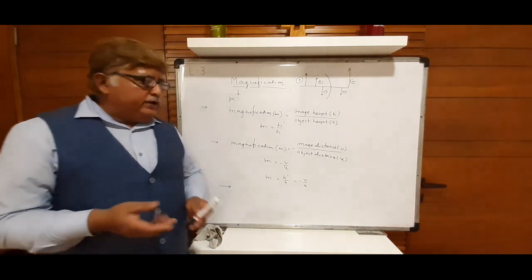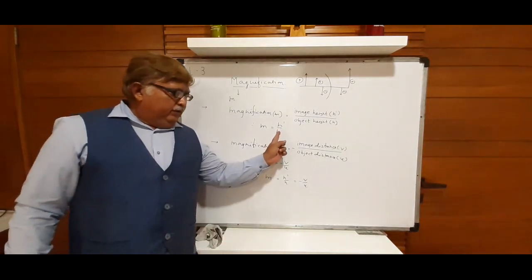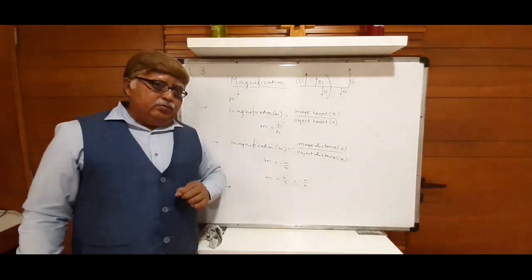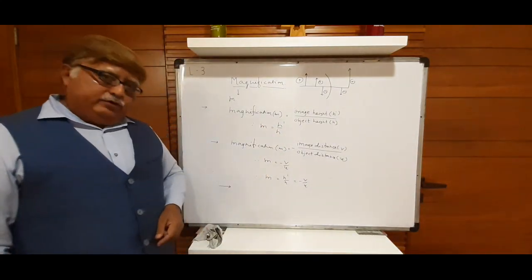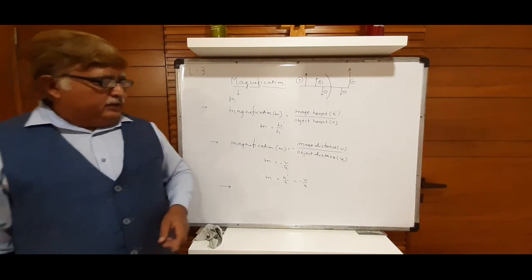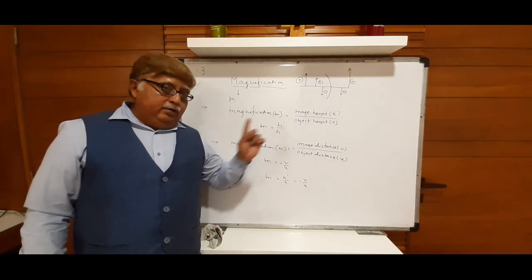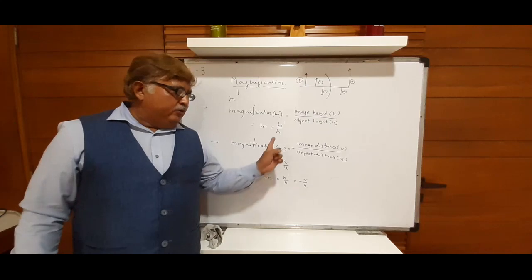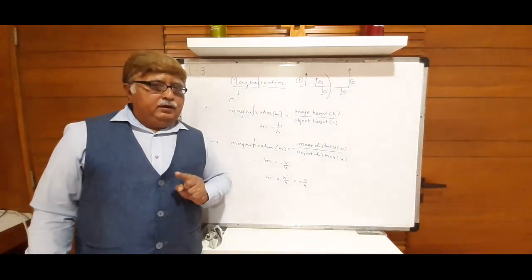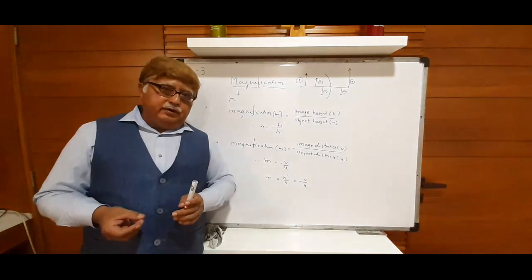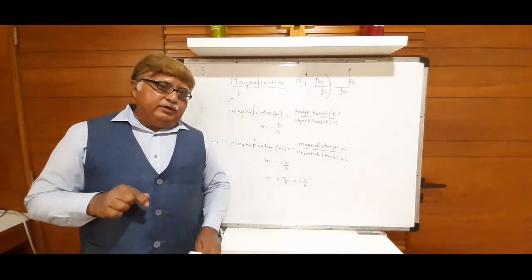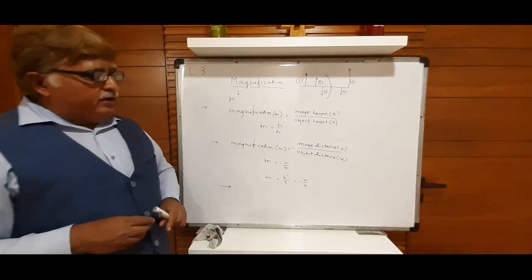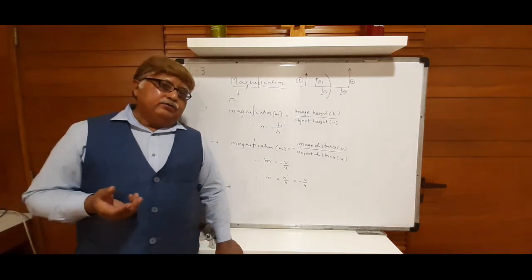So what happens? When object height and image height both are positive, obviously magnification is positive. When image height is negative, I am not mentioning object height, object height is never negative, but if image height is negative, then magnification can be negative also.